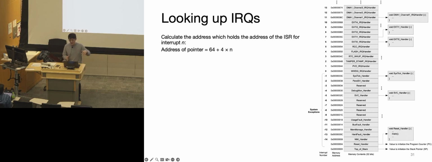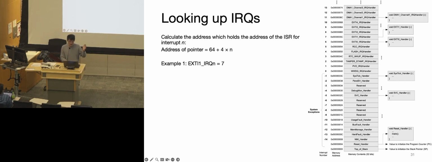Whenever an interrupt request goes off and a number n comes in, the address to look at in this vector table would be 4 times 16 plus 4 times n, which is 64 plus 4 times n.